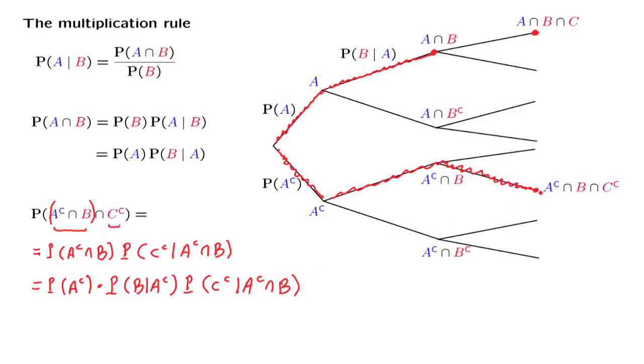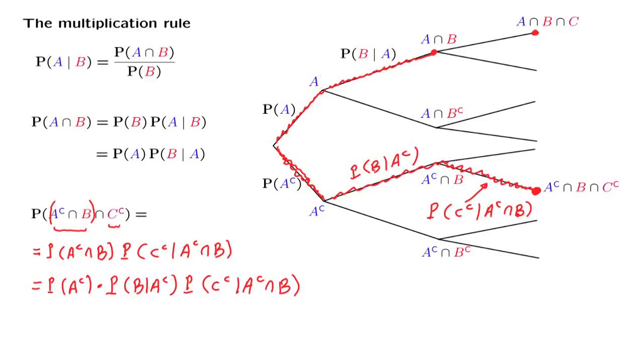The conclusion is that we can calculate the probability of this leaf by multiplying the probability of the first branch times the conditional probability of the second branch, given that the first branch was taken, and then finally multiply with the probability of the third branch, which is the probability that C complement occurs, given that A complement and B have already occurred.